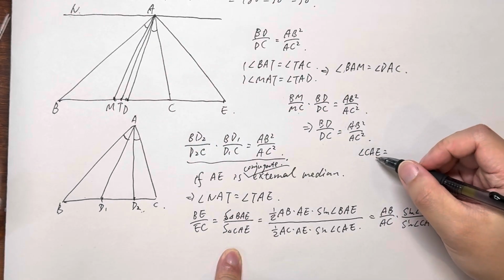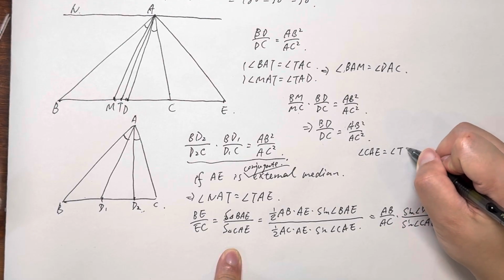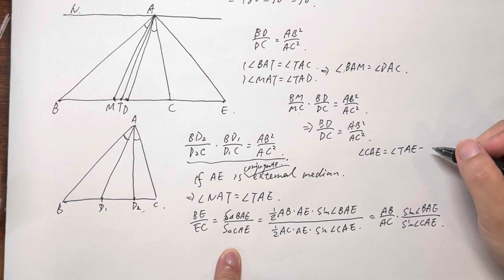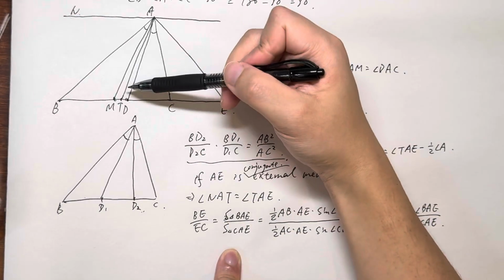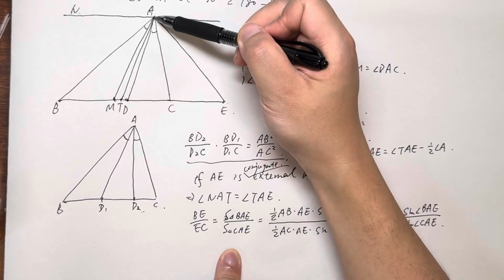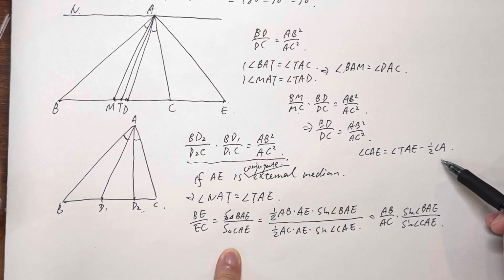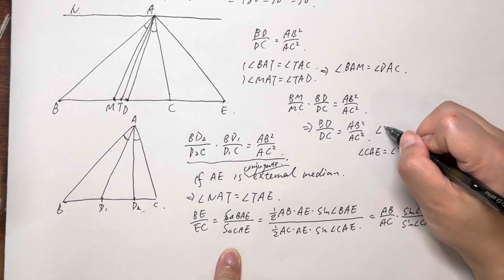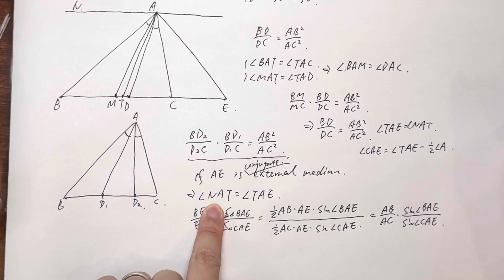Right, so the angle CAE equals angle TAE minus half of angle A, right? Angle CAE equals angle TAE minus angle TAC, that is angle TAE minus half of angle A. And we know that angle TAE equals angle NAT, right?